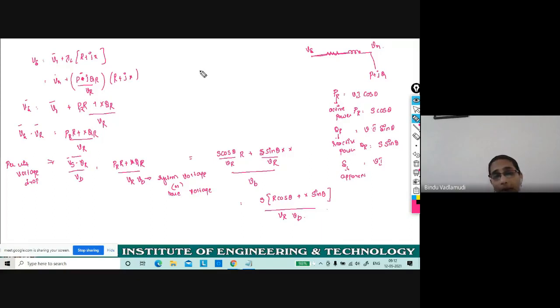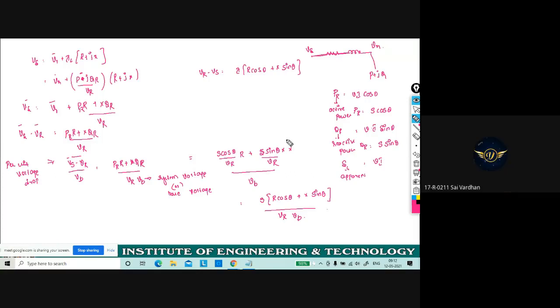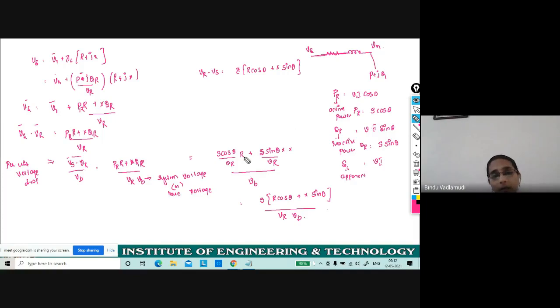In the last class, we showed that the voltage drop VR minus VS is equal to I into (R cos theta plus X sin theta). Did we have this expression? What is the difference between these two expressions? Both are expressions for the voltage drop.